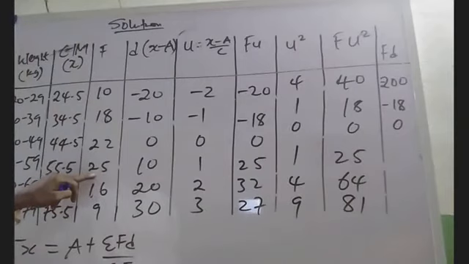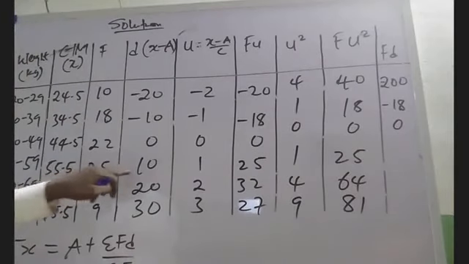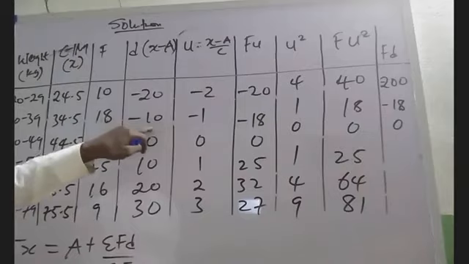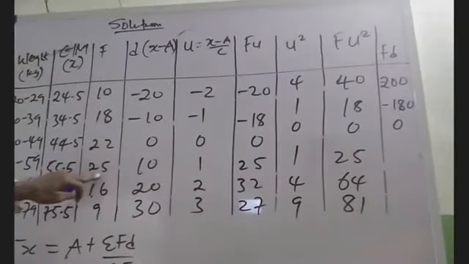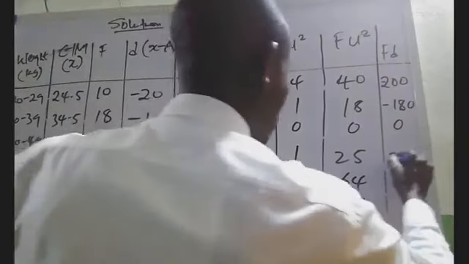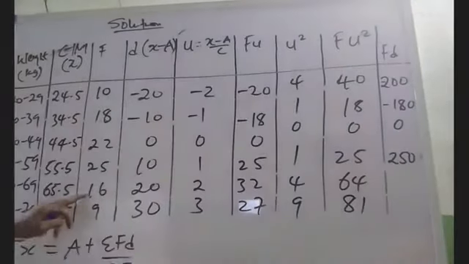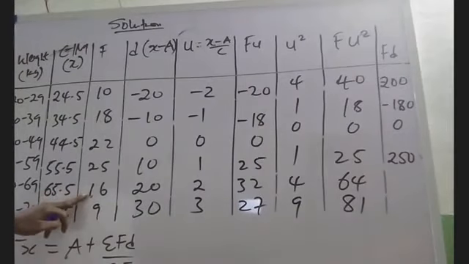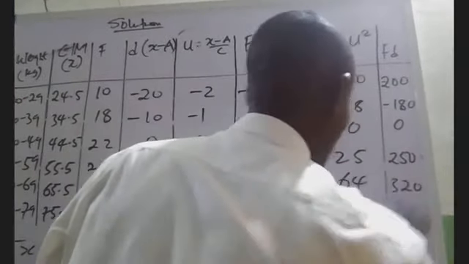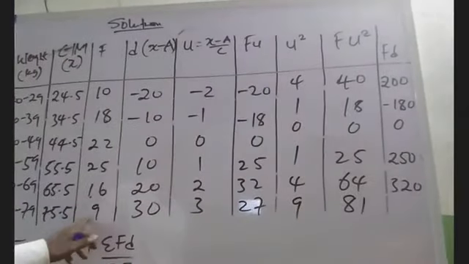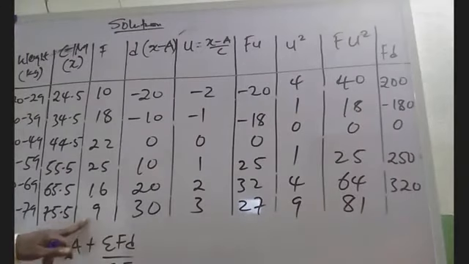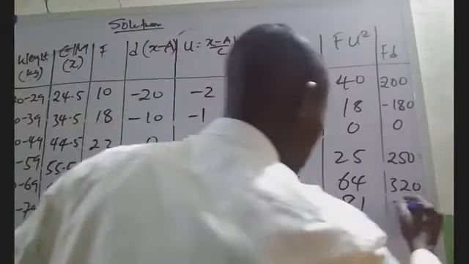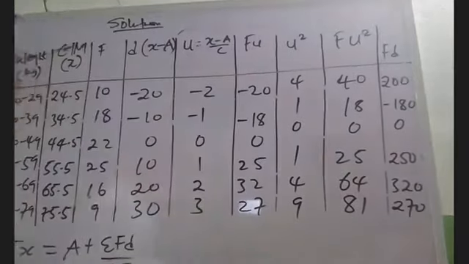That will be 180. Then you have 0. Then 25 times 10 to have your 250. Then you have 16 times 20 is 320. Yes, 320. Then 9 times 30 is 270. So yes, 270.